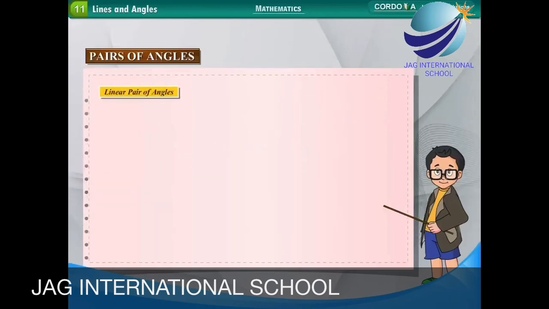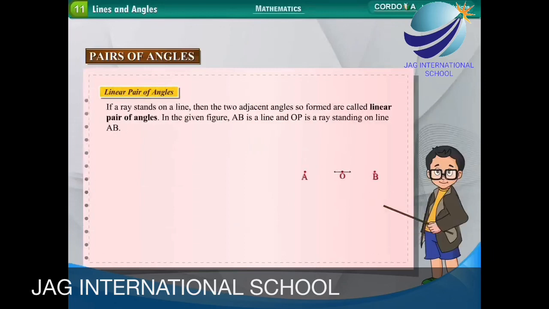Linear pair of angles. If a ray stands on a line, then the two adjacent angles so formed are called linear pair of angles. In the given figure, AB is a line and OP is a ray standing on line AB. Angle AOP and angle BOP are adjacent angles and they form linear pair of angles.